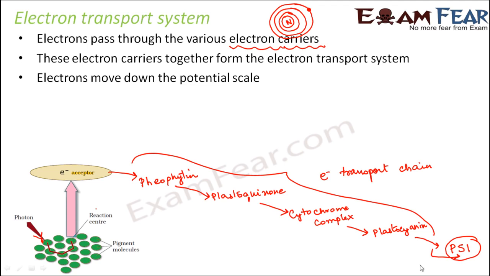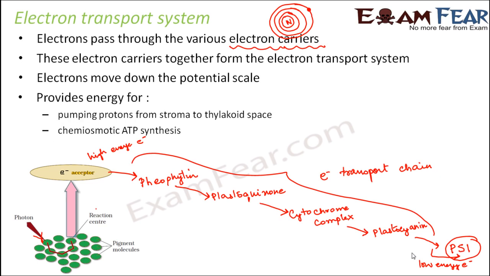So the electron which is passed on to PS1 is a low energy electron, whereas the electron which passes to pheophytin from here is a high energy electron. The electron moves down this potential scale because it wants to attain more stability, so it moves down the energy gradient.